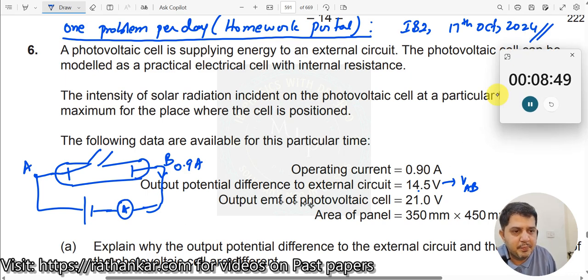The output EMF of the voltaic cell is seen to be 21 volt. And the area of the panel is 350 by 450 millimeter. Everything else is given over here.